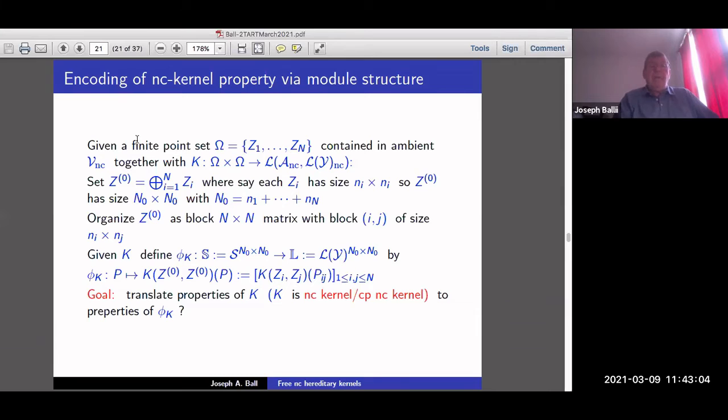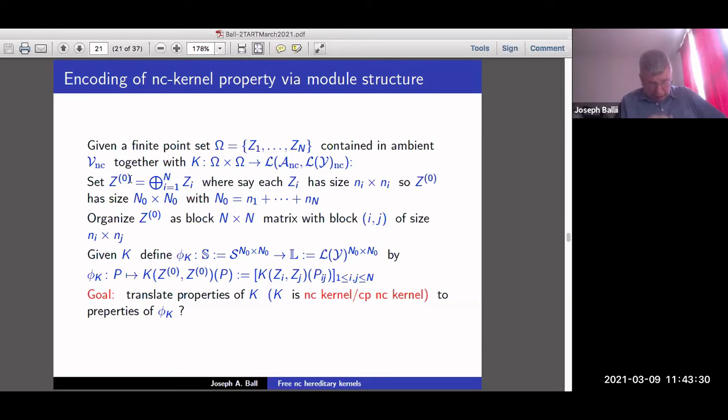So if we take the finite point case, omega is just finitely many points, contained in the ambient noncommutative vector space, and we have a function k from omega cross omega into operators from noncommutative A to noncommutative L(Y). So there are only finitely many points.